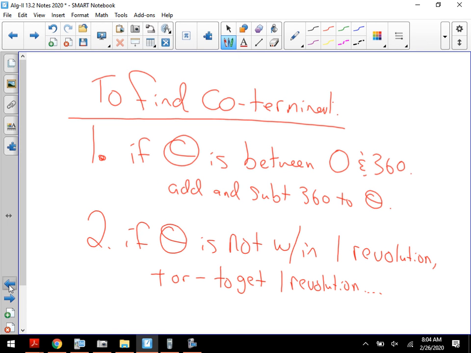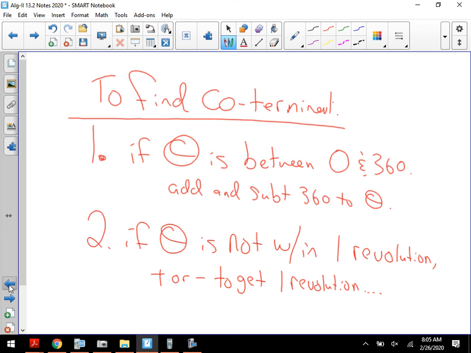Basically what happens is, if you're beyond one revolution, you have to either add or subtract to get it within one revolution to get your first positive or negative. This would work the same way if your original theta, let's say, is negative 400. Negative 400 is beyond one revolution. If I plotted it, I'd go all the way around, and I drop down 40 degrees.